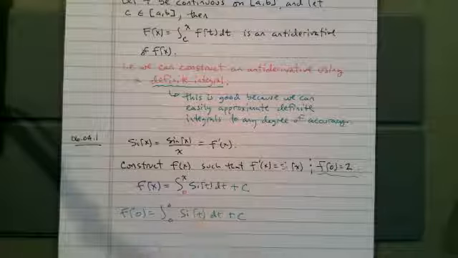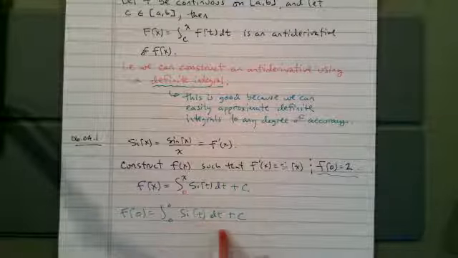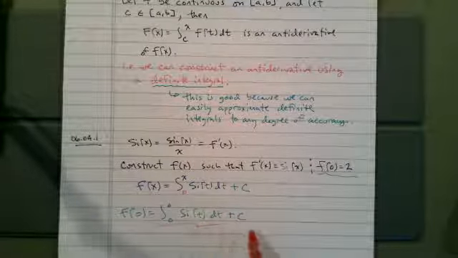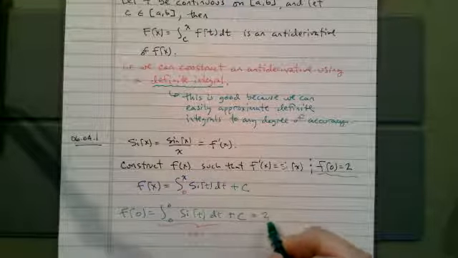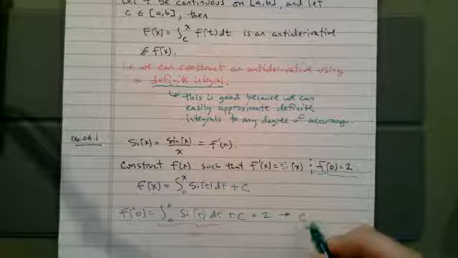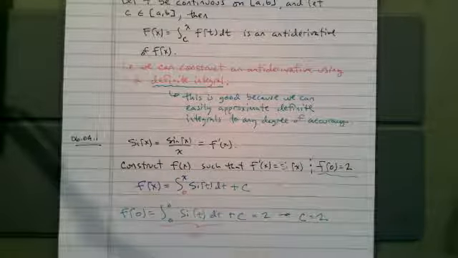So this part is going to be equal to 0. That's what we get for starting off at 0. So 0 plus c, and we want this to equal 2, and that just says that c can equal 2.